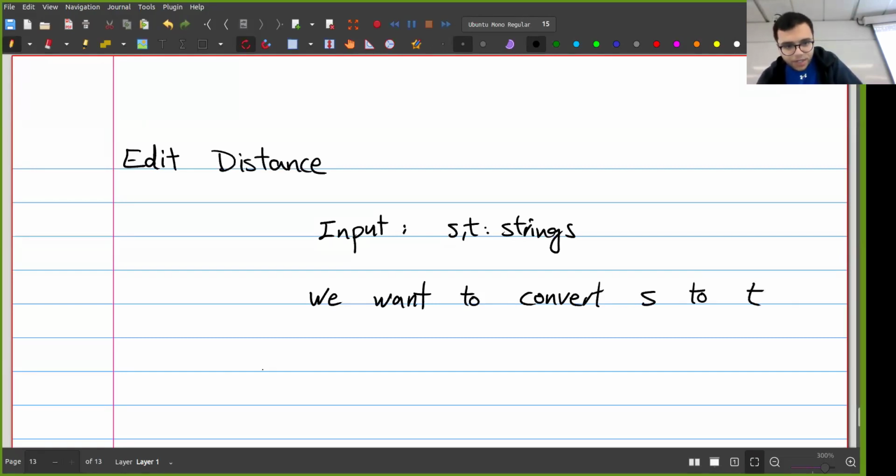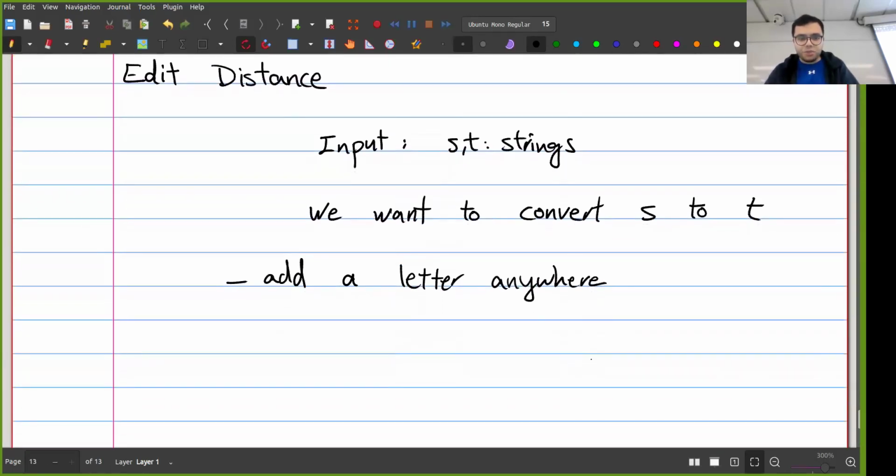And the operations that we have are add: I can add a letter anywhere in my string. Or I can remove a letter, again from anywhere. Or I can change a letter.